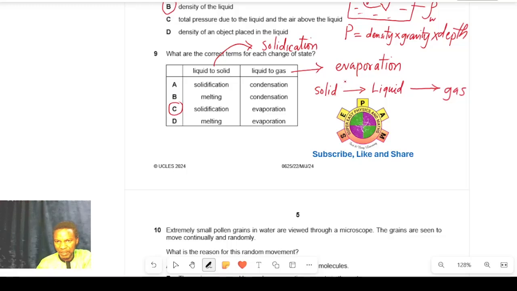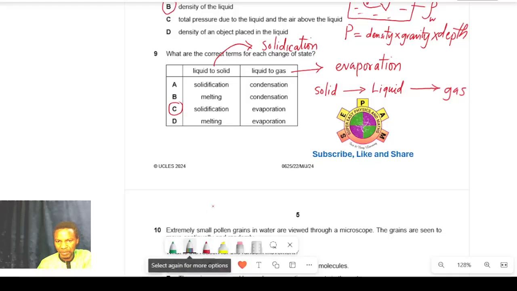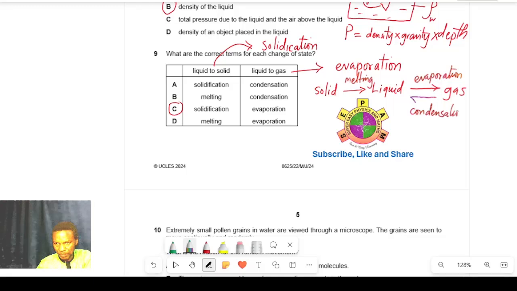This is melting, then you have evaporation, then coming back, this is condensation, and then coming back, this is freezing, which is the same thing as solidification.